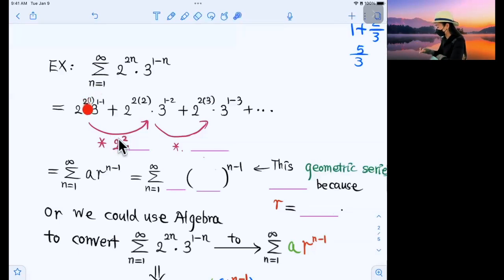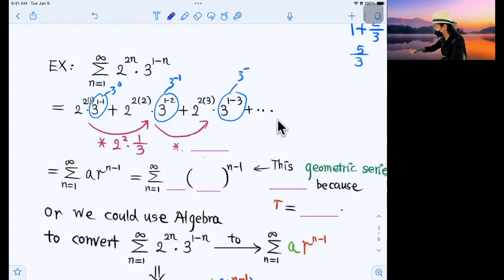Now let's look at the exponent on 3. What happened to the 3? It goes down, right? 3 to the 0, 3 to the negative 1, 3 to the negative 2. So it is multiplied by 3 to the what power? Negative 1. This one here is 3 to the 0, this one is 3 to the negative 1, this is 3 to the negative 2.